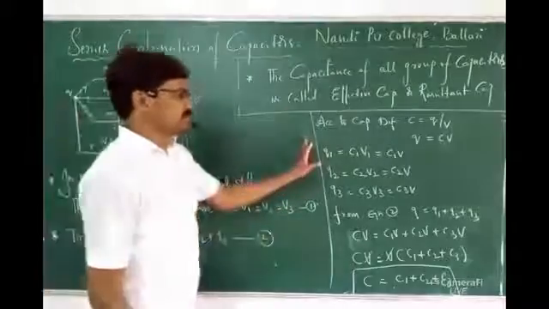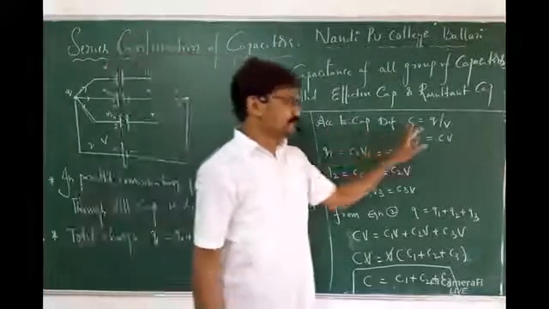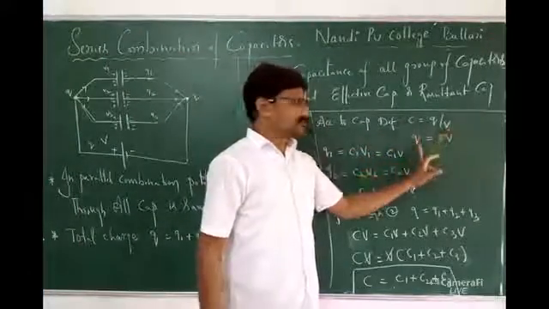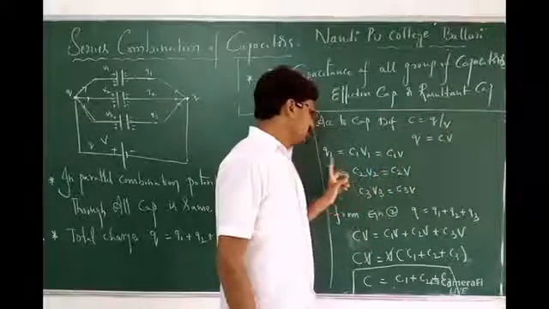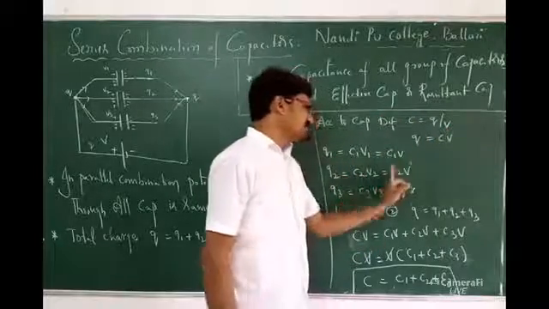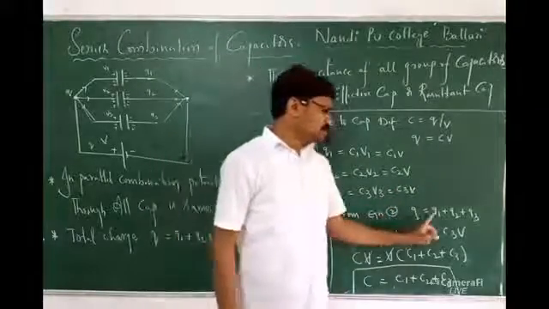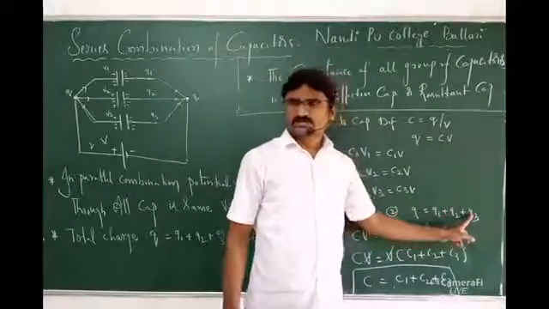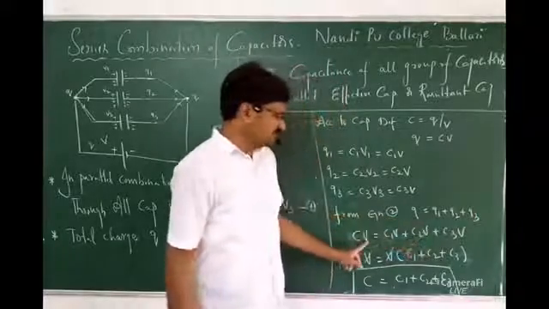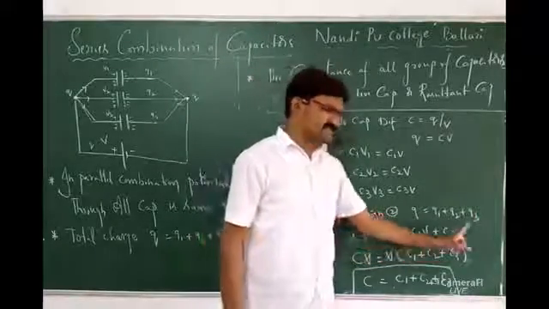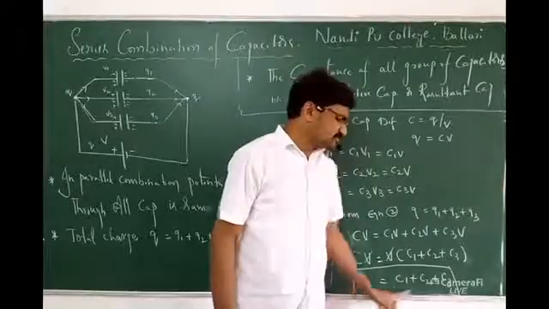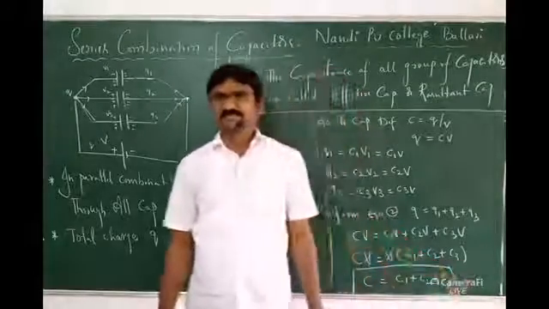According to the definition of a capacitor, capacitance is Q by V, so Q is equal to CV. So Q1, Q2, Q3 are C1V, C2V, C3V. From equation 2, Q is equal to Q1 plus Q2 plus Q3. On substituting these values, CV is equal to C1V plus C2V plus C3V. So C is equal to C1 plus C2 plus C3.